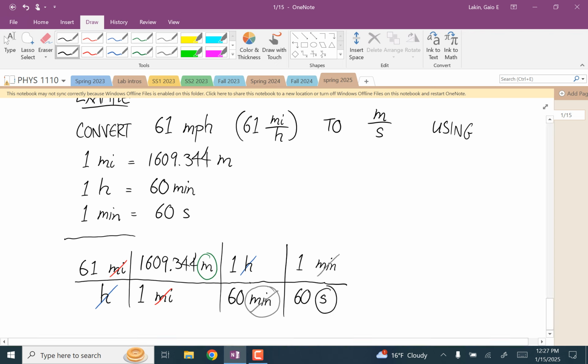Now the only units that are left are meters in the numerator and seconds in the denominator. So now it's just a matter of multiplying and dividing out these numbers. 61 times 1609 divided by 60 again. And you get about 27.26 meters per second.